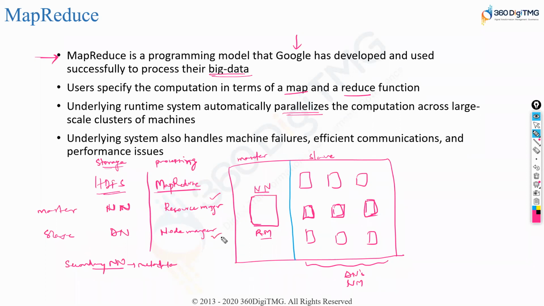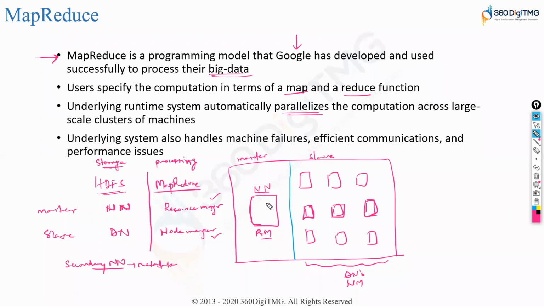Now, resource manager would take in the client's request. It's the manager, right? So it will get the request from the clients. And then that request is subdivided into tasks. And those tasks are individually assigned to different data nodes. Right? All these different data nodes will get that particular task. This is basically how the MapReduce transactions are happening, right?